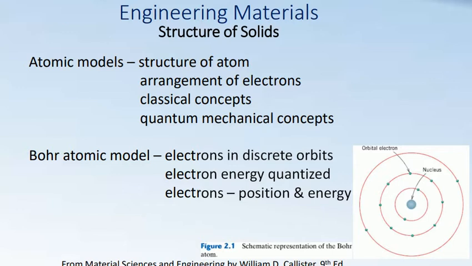Electrons cannot have energy in between these two shells. They can only have the energy to remain in the first, second, third or fourth shell as per the atomic number or the number of electrons of an atom.